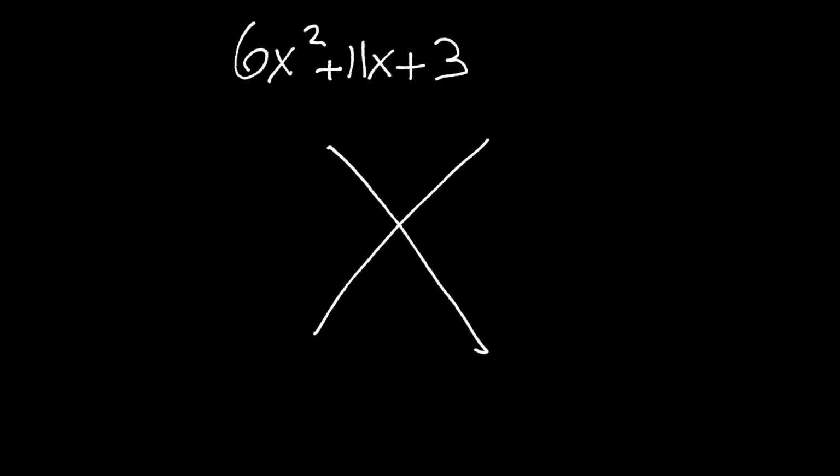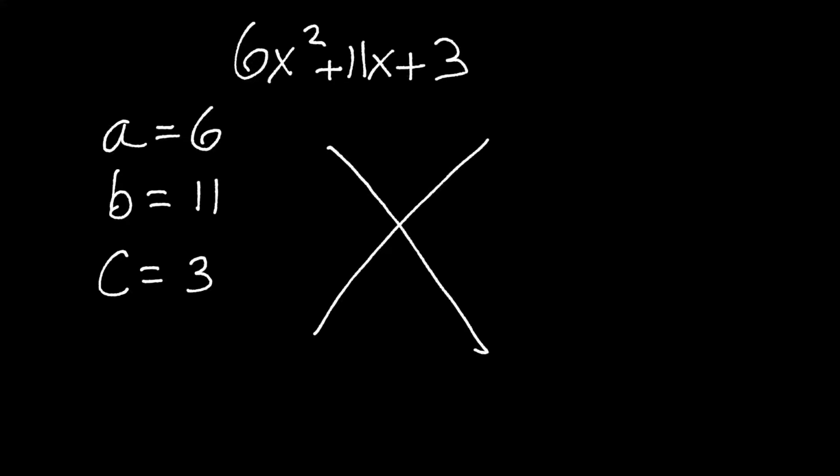All right, well, A, B, and C are 3 pieces of our puzzle here. A is 6, B is 11, and C is 3. So we need 2 numbers. Oh, sorry, let's not get ahead of ourselves.